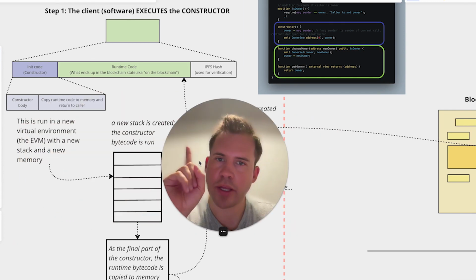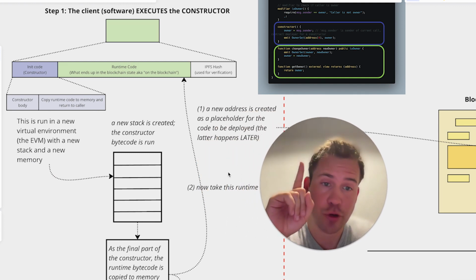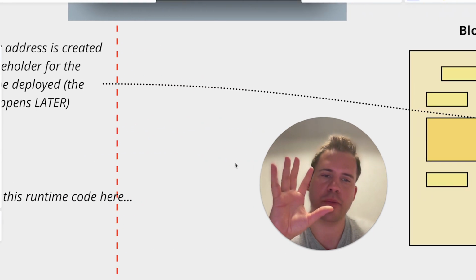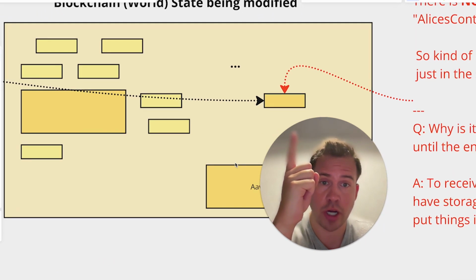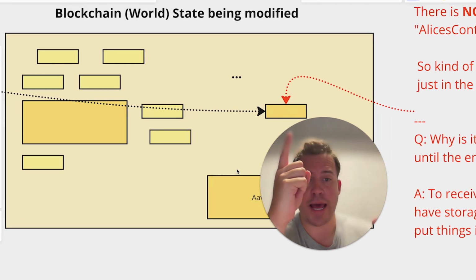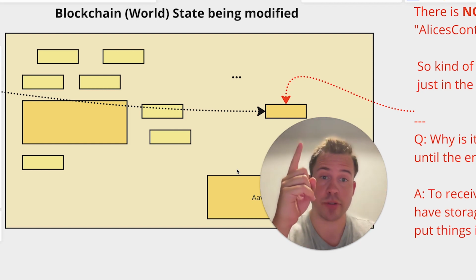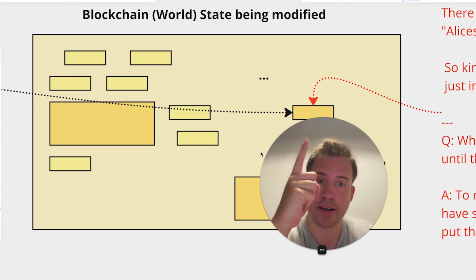Right before we start running it, at least two things happen that we have access to. One is an address is temporarily created, and I mean temporary in the sense that the code doesn't exist yet, but the address does. The contract gets an address, and you can look at the create opcode or the create2 opcode for exactly how the address is calculated. But this will be the eventual address of the contract. This is set up now.